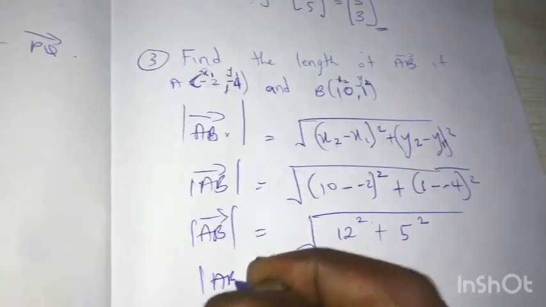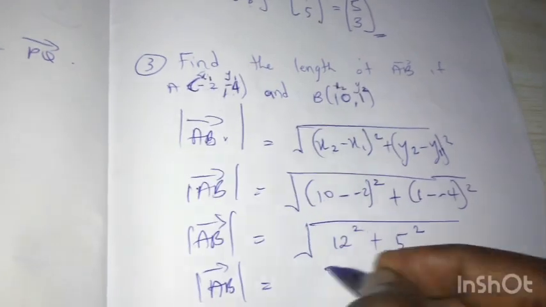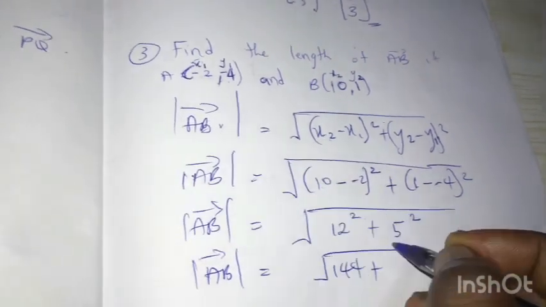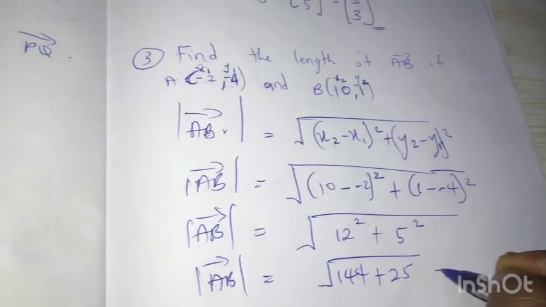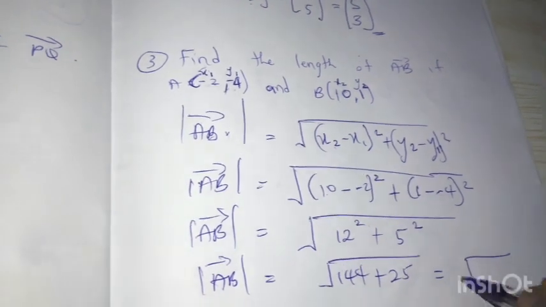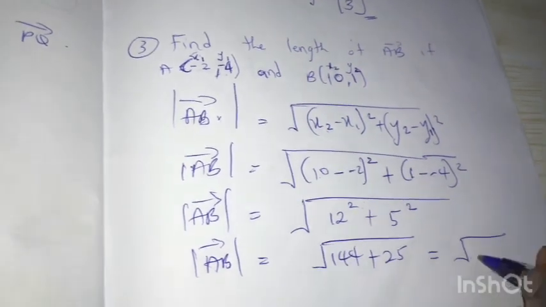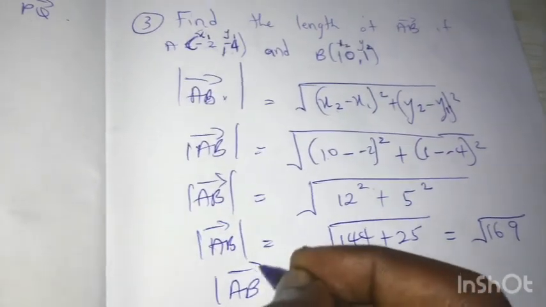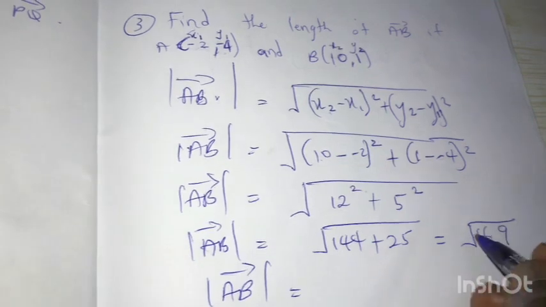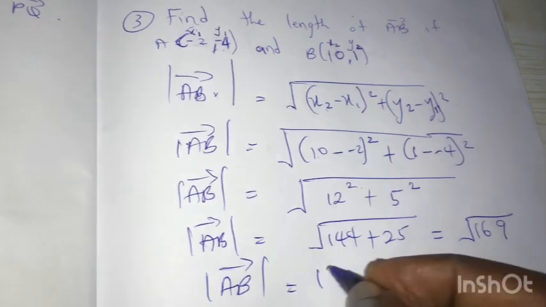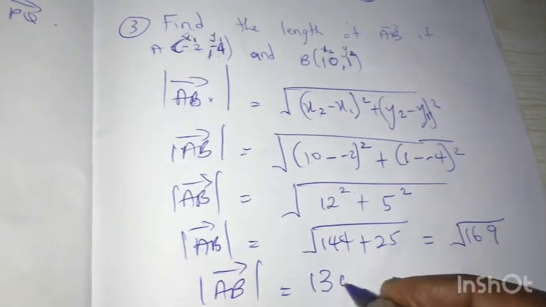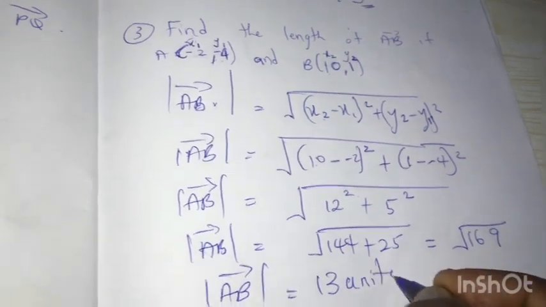So the length of AB is the square root of 12 squared, which is 144, plus 5 squared, which is 25. That is the square root of 144 plus 25, which is 169. Then the length of AB is the square root of 169, that's 13. We are not using any length, so 13 units.